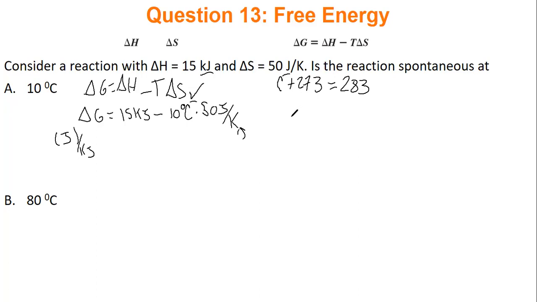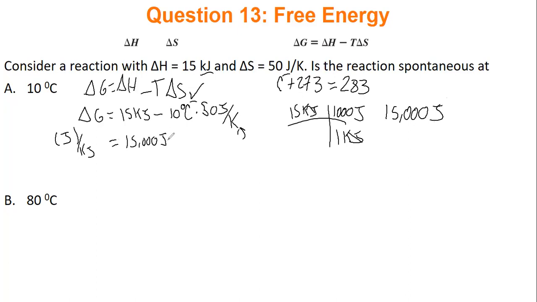So I'm going to take my 15 kilojoules and convert it to joules. There are 1,000 joules in 1 kilojoule. So that's 15,000 joules. Now I can do my math. Delta G equals 15,000 joules minus 283 Kelvin multiplied by 50 joules per Kelvin.